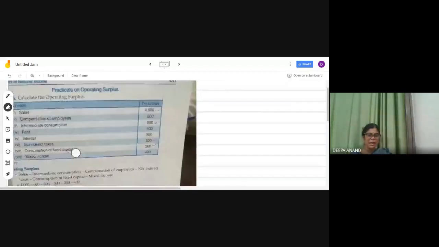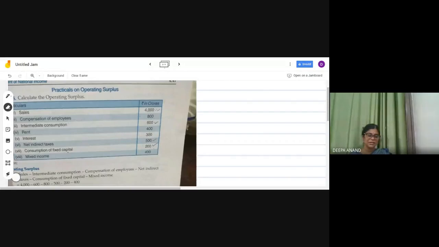In this case, as compensation, intermediate consumption and everything is here, you apply the second equation which I had taught you, which is sales, that is output. Output minus intermediate consumption minus compensation to employees minus NIT minus consumption of fixed capital minus mixed income. Write that equation first, then apply it. Substitute these numbers.